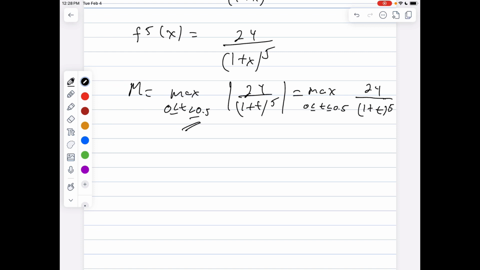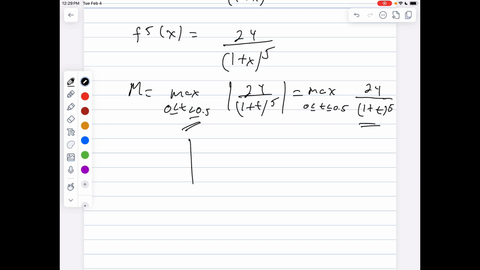So what's the maximum value of this function? Well, if you look at the function itself, you can tell that the maximum value is going to happen at 0. Because if you plug in any number larger than 0, as the values of t get larger, as you go towards 0.05, the denominator is going to get larger, and therefore the overall fraction gets smaller.